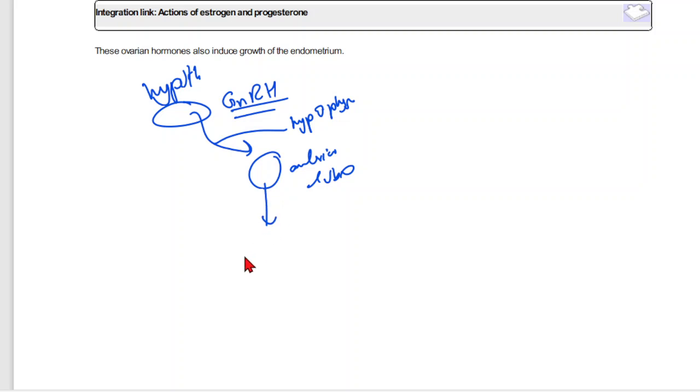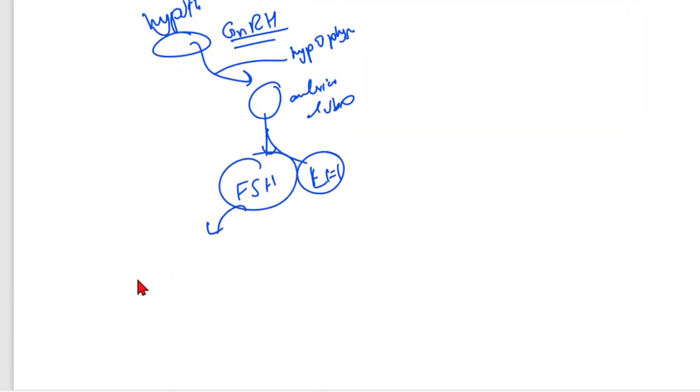And from there two hormones are released, FSH and LH. When these hormones are released, they work. FSH stimulates the ovaries, due to which the development and maturation of the primary follicles and primary oocyte starts.